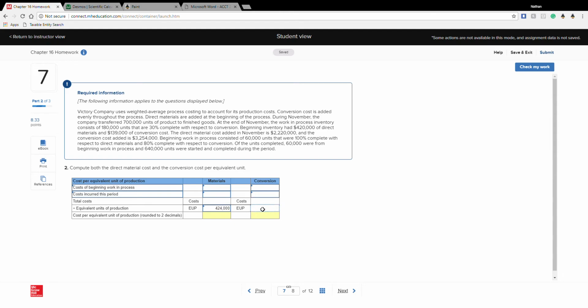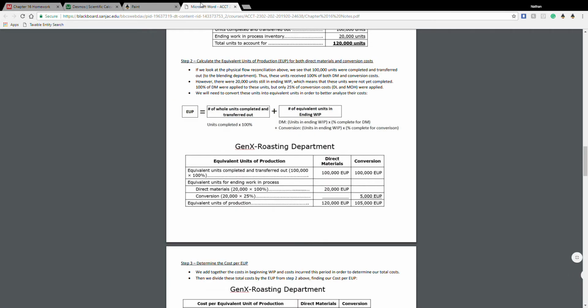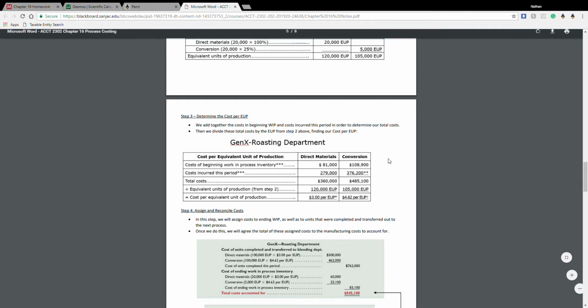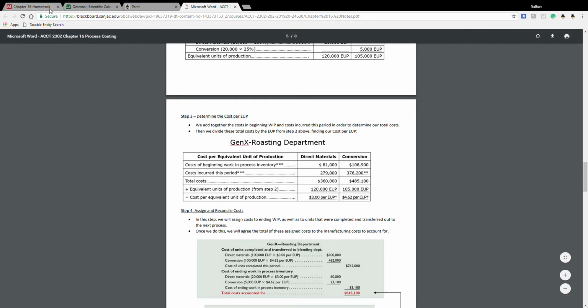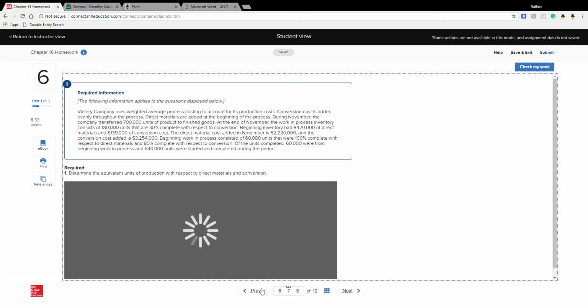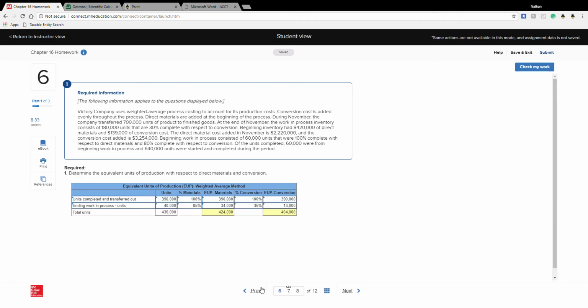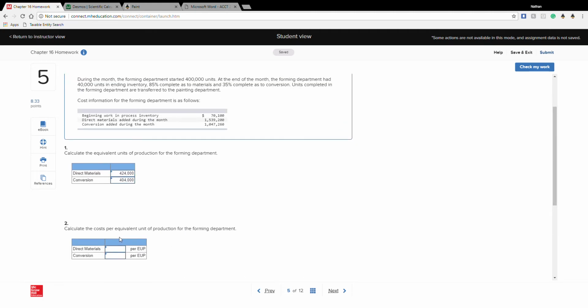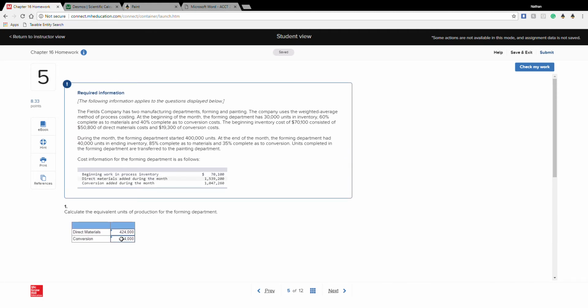Again, this is going to mimic basically our chart right here. Okay, step 3. So with this, again, I'm just using Connect as a helpful tool because I don't have it with question 5. So let's look at what was the cost.